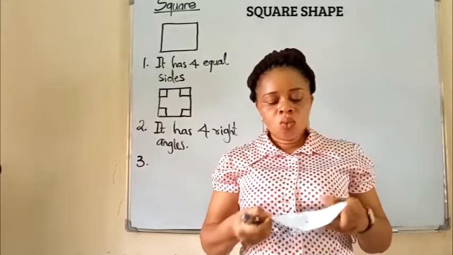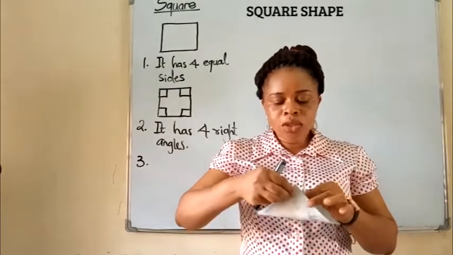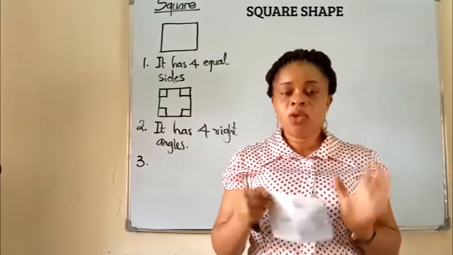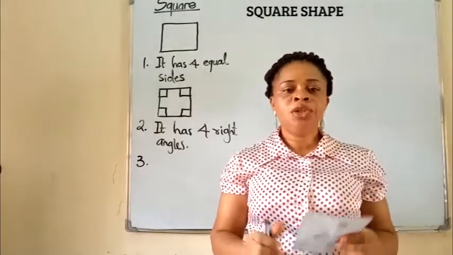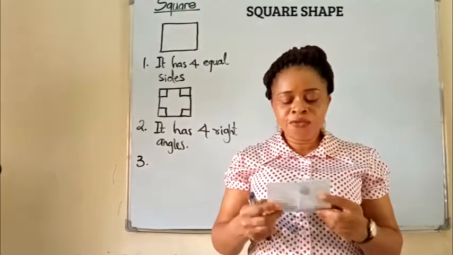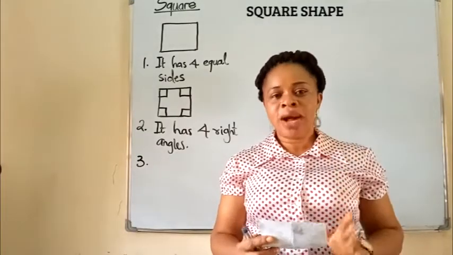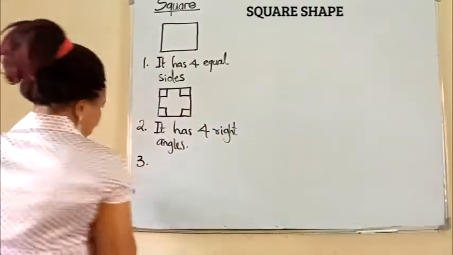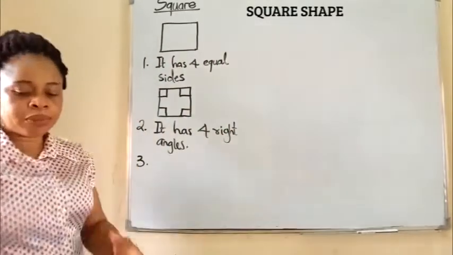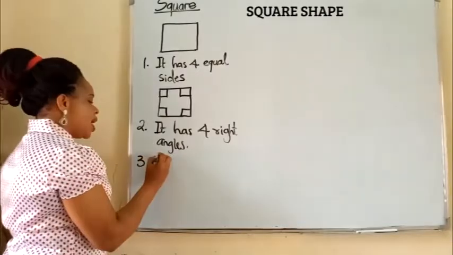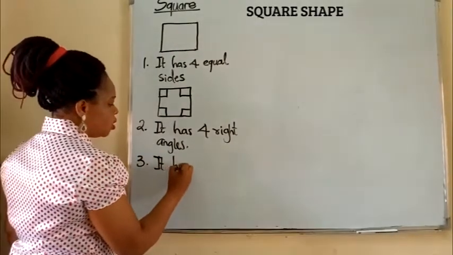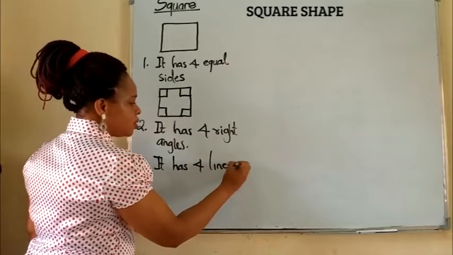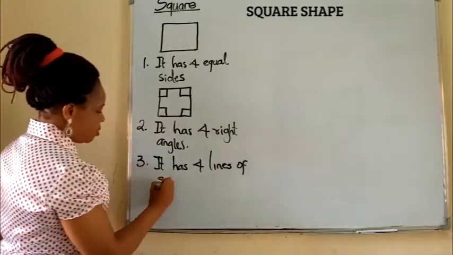Then, if we also go this way, we are having another line of symmetry, giving us 4 lines of symmetry. There's no other way you can fold this to have identical halves. So this takes us to property number 3 about a square shape, and it says it has 4 lines of symmetry.